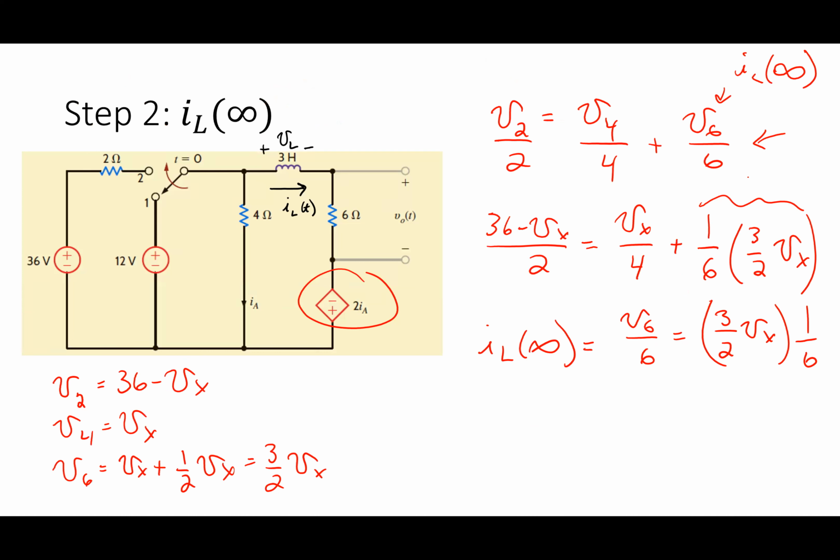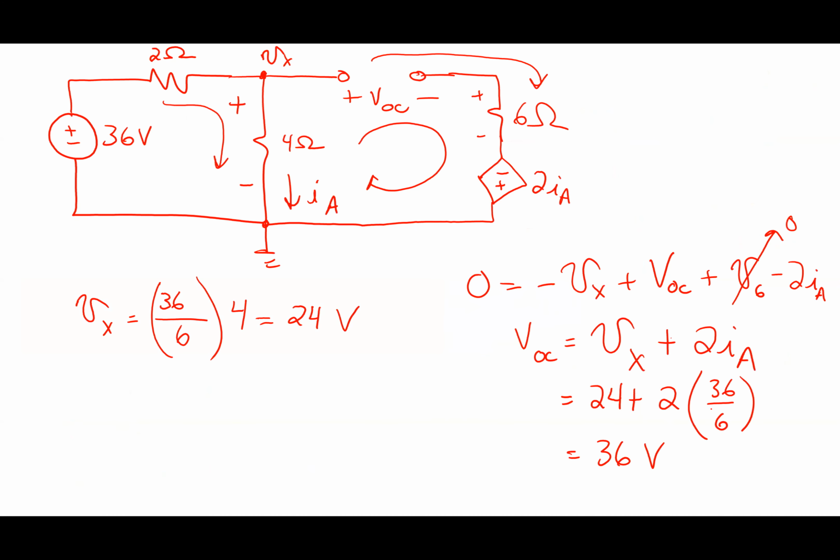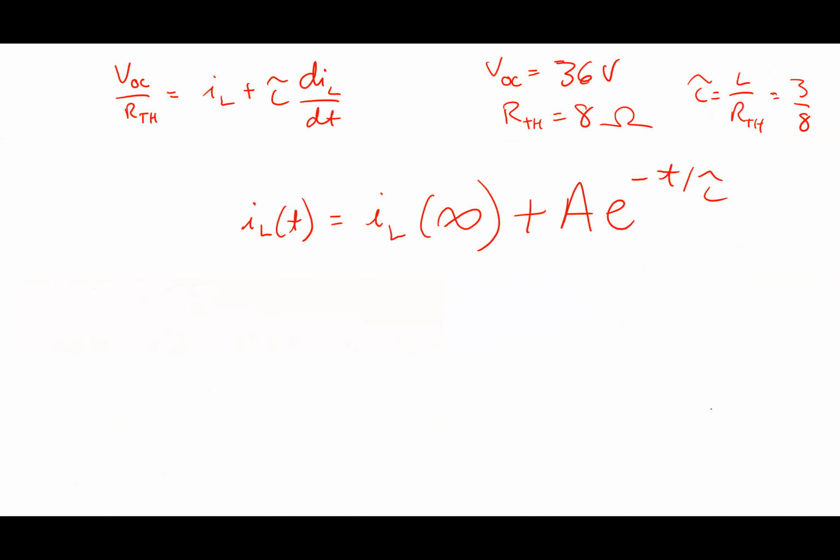I think if I go through that math, it should work out to be 4.5 amps. So that's 4.5 plus A e to the negative t over tau.